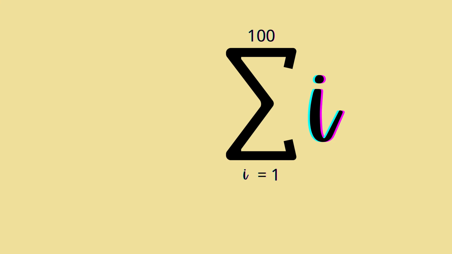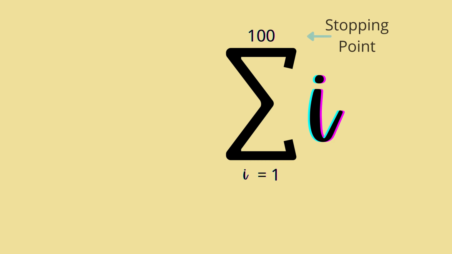Now, let us inspect its parts. First, we have the summation symbol, which is, again, the uppercase Greek letter sigma. i, placed on the lower portion of the summation symbol, refers to the index of summation. It sets the lower limit of the summation, or the number used to generate the first term in the series.